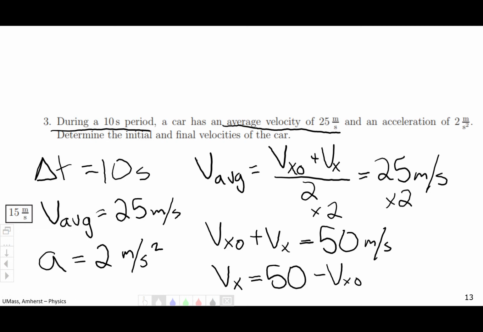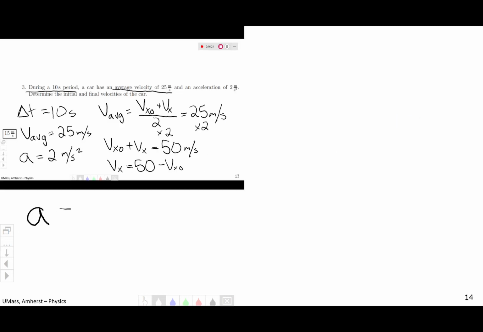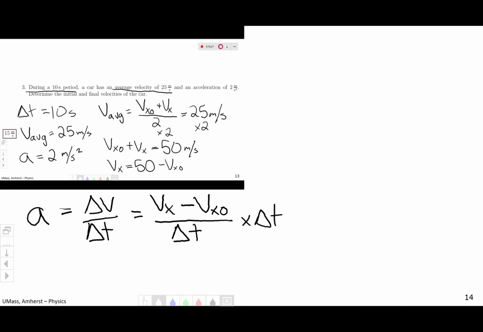And this is very helpful because we know that the definition of acceleration is delta V over delta t, which is Vx minus Vx0 over delta t. So if we want the initial and final velocities, we multiply by delta t, and we end up with Vx minus Vx0 equals a delta t.